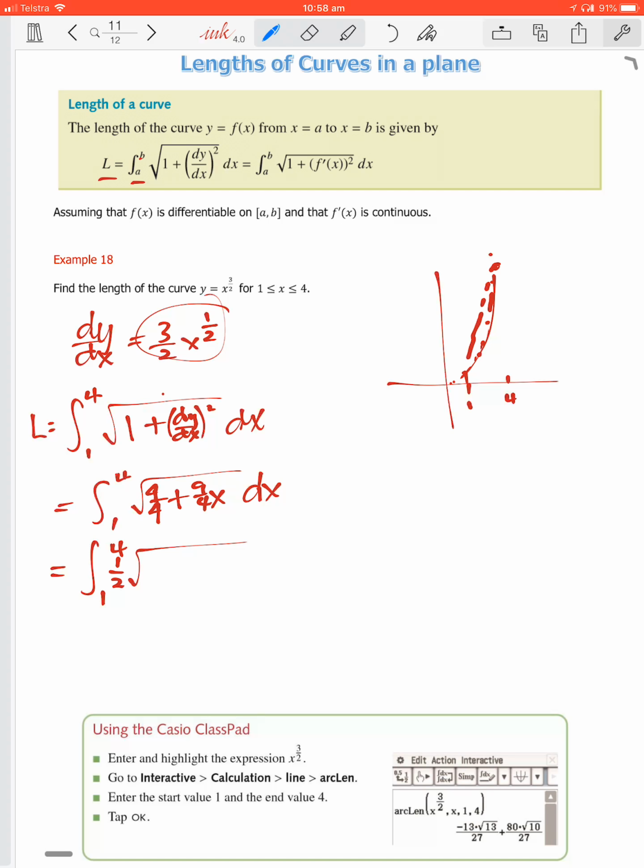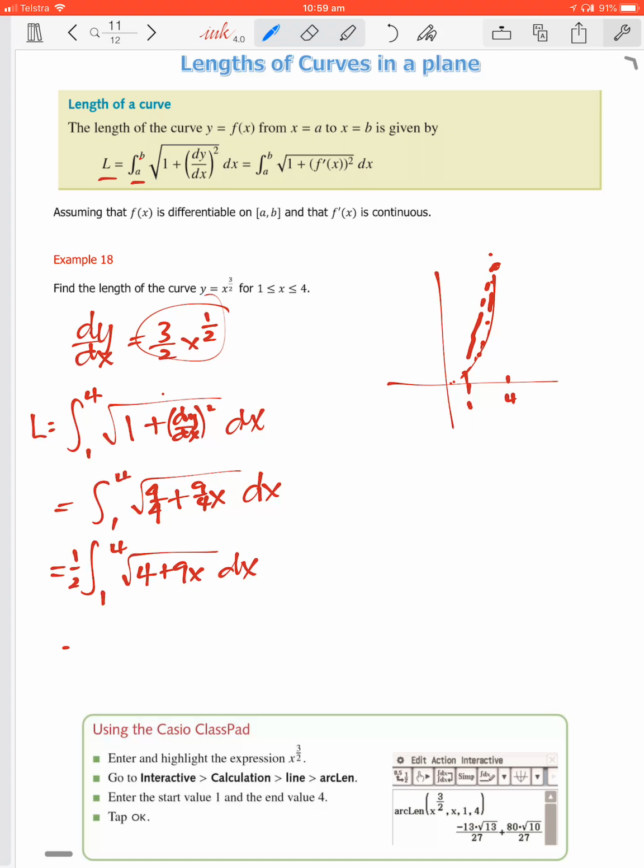So we take out a quarter, which is a half, and we could put that right out the front. So we could say a half, square root of 4 plus 9x, dx. Okay, how do we integrate something like this?